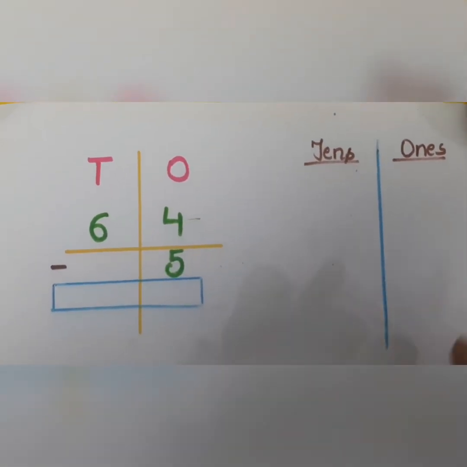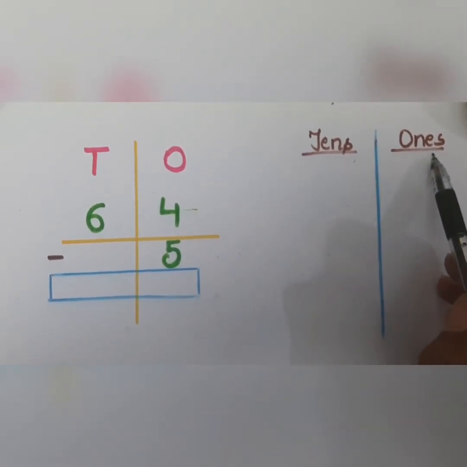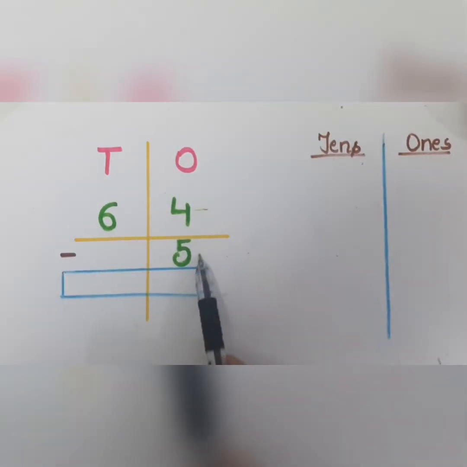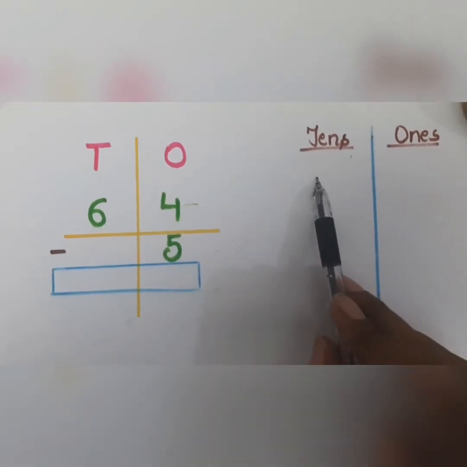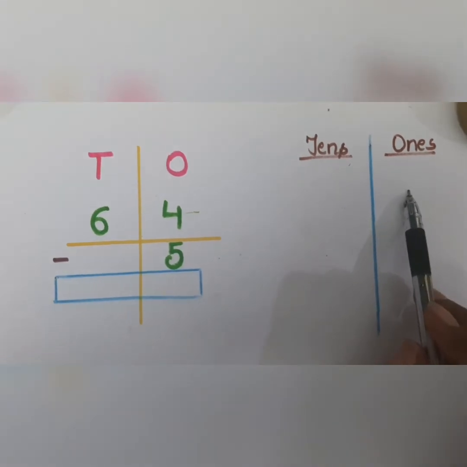Secondly, you have to make a column with ones and tens. We will write the ones digit in the ones column and the tens digit in the tens column.